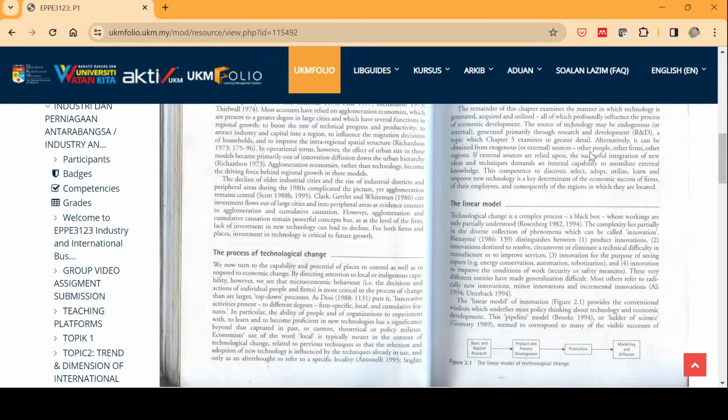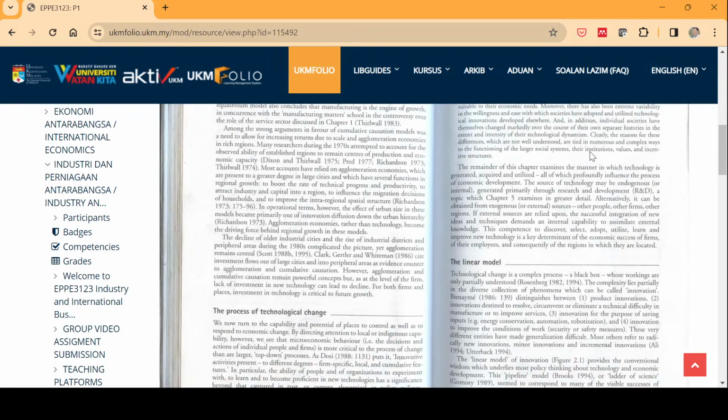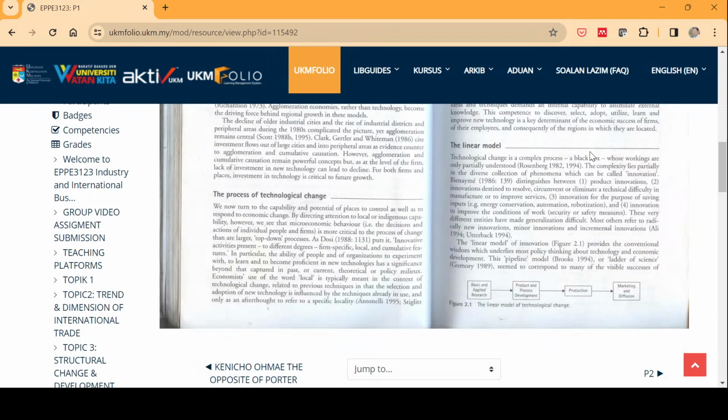Here we're going to study the process of technological change. The models given here are a linear model and another one, the iterative model.